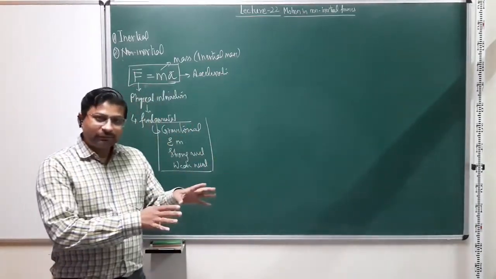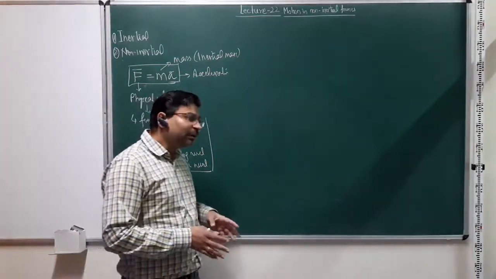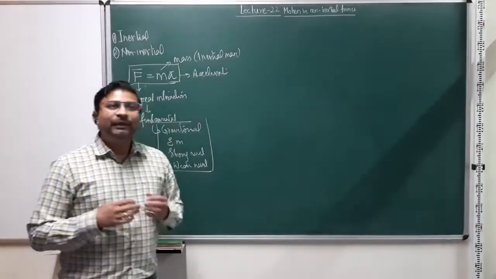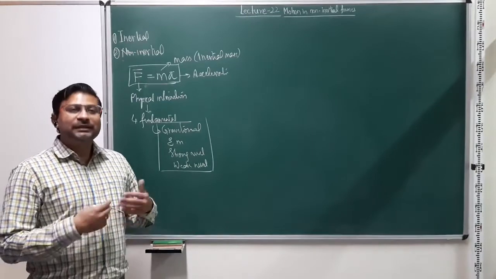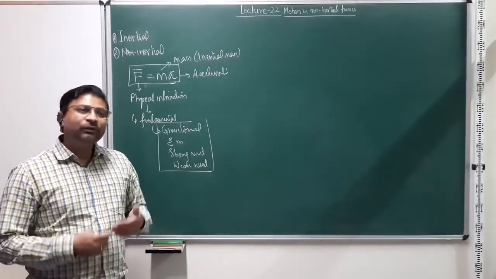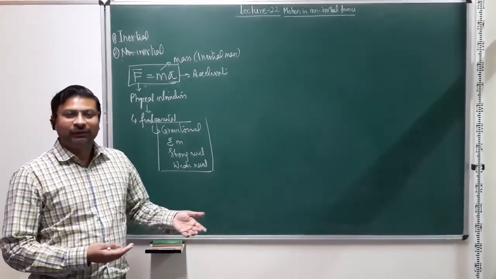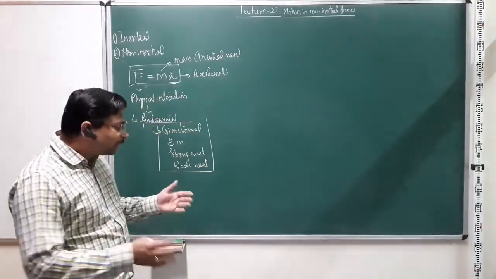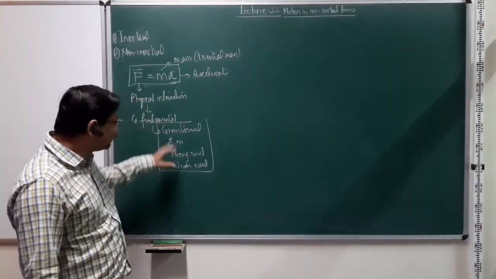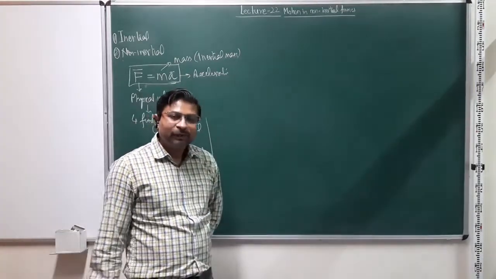So motion, or rather change in state, will only be defined when the system has an acceleration. A uniform velocity motion is as good as the system being stationary in terms of the effect of these fundamental interactions or forces, right?